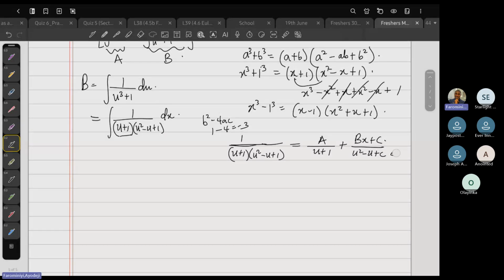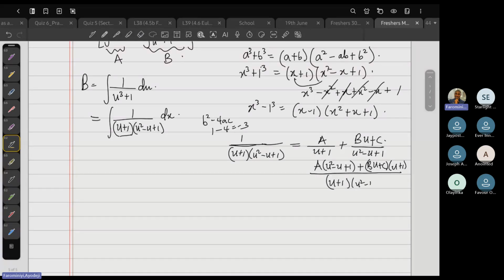So just like we did the other time, again, the LCM shenanigans, a u squared minus u plus 1, then plus bx plus c times u plus 1. So why am I using x? It should be u, not x. So bu plus c, then u plus 1 over u plus 1, u squared minus u plus 1.